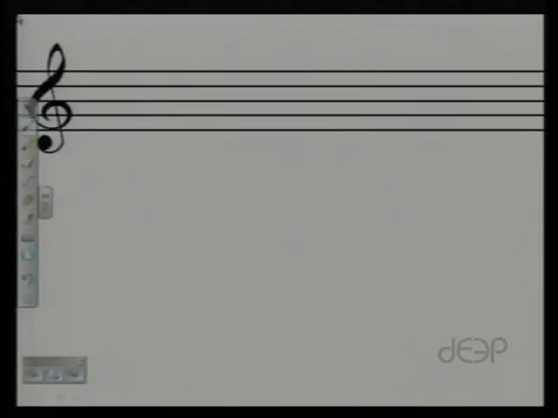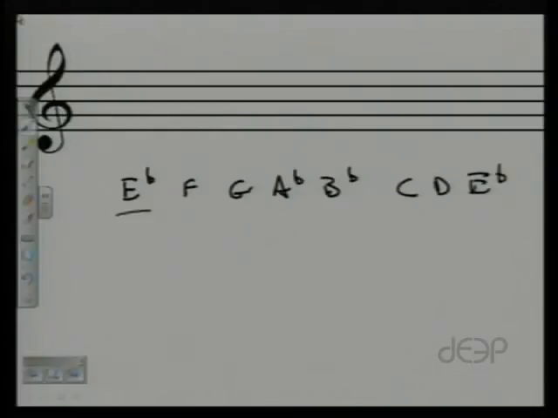For part 2, it gives you the major scale, and then it asks you to write the minor scale. So for number 1, E flat, F, G, A flat, B flat, C, D, E flat. Now, this is our major, and the relative minor begins on the 6th note. 1, 2, 3, 4, 5, 6.